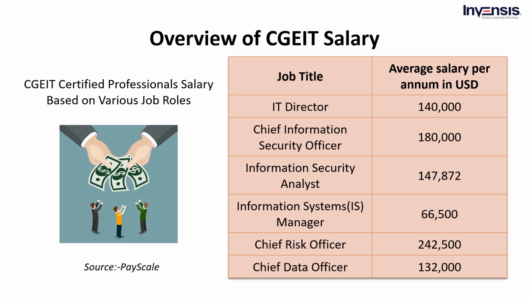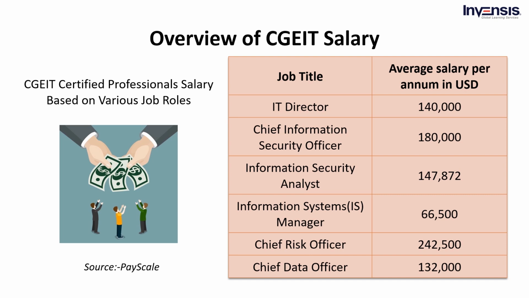A professional in the role of IT Director earns an average salary of $140,000 per annum. The job role of Chief Information Security Officer earns an average salary of $180,000 per annum. Similarly, an Information Security Analyst earns an average salary of $147,872 per annum.